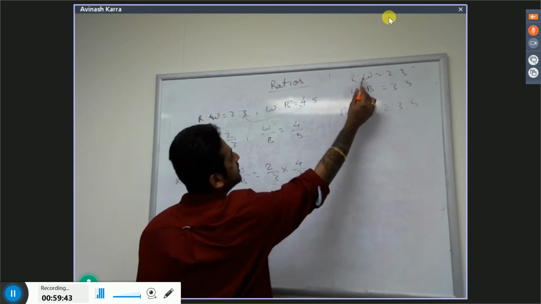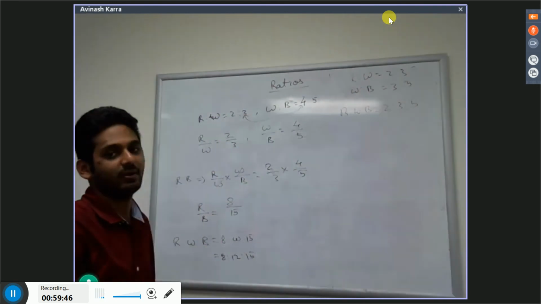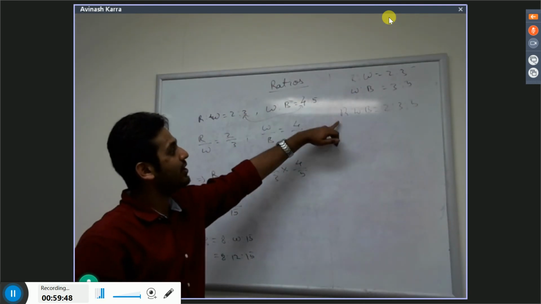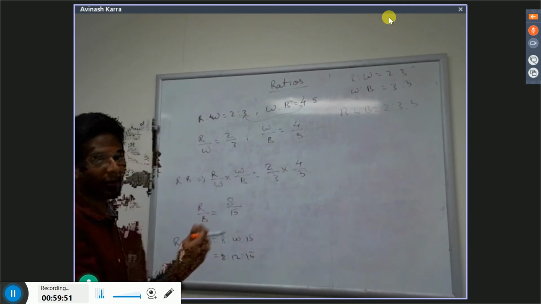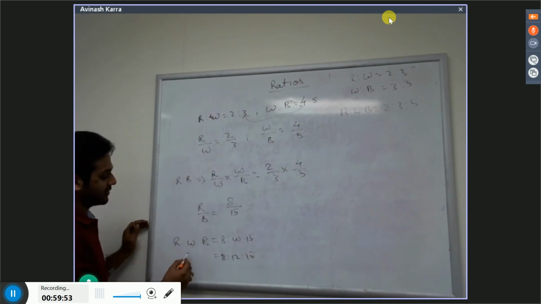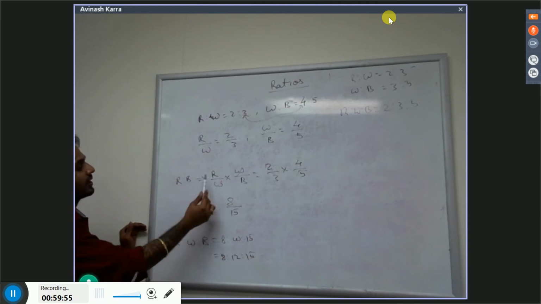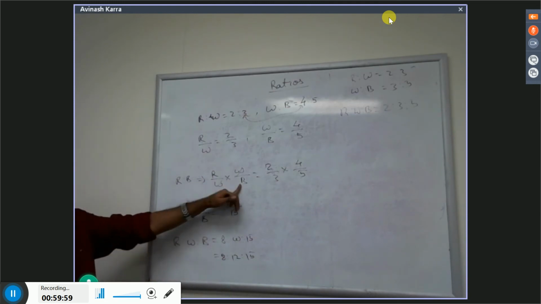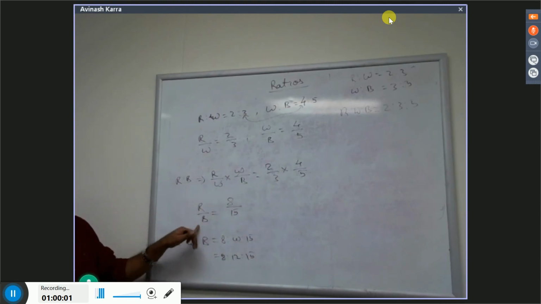Why? Because here in both the cases W are same. But when the value of W is different, I mean the common variable is different, then you need to first take the R by W value and multiply with W by B and get the value of R by B first.